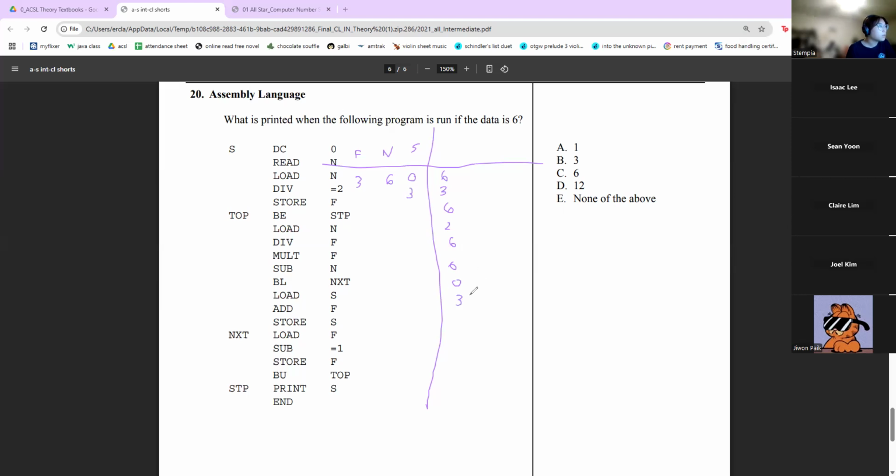And we're gonna load f, subtract 1 and store it in f. Go up to the top. It's not equal to 0, so we're gonna load n, divide by f, give us 3, multiply again, give us 6, subtract n to give us 0.